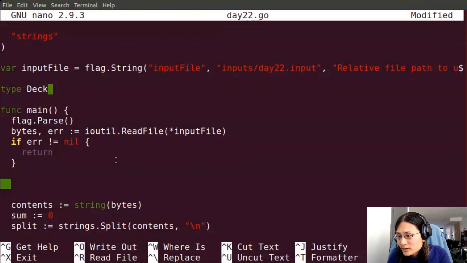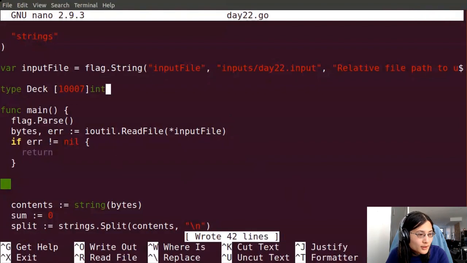All right, let's see. We need a type to define what a deck is. So let's go ahead and define that. 10,007, I think. Yes, 10,007. Great.